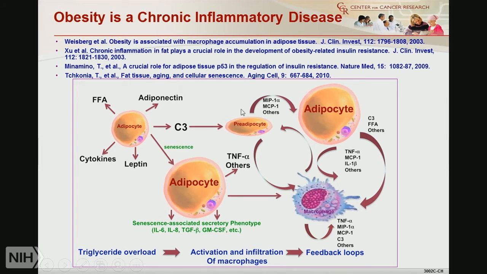One was about 2003, in which two of these papers described that the fact that there are macrophages that have invaded into the body fat and form positive feedback loops with pro-inflammatory cytokines. The second is a more recent couple of papers in which show that adipocytes, fat cells, can senesce.